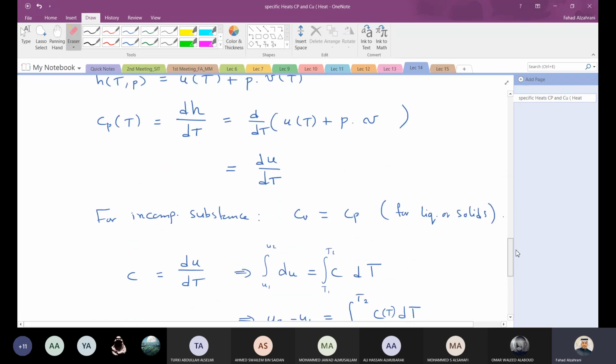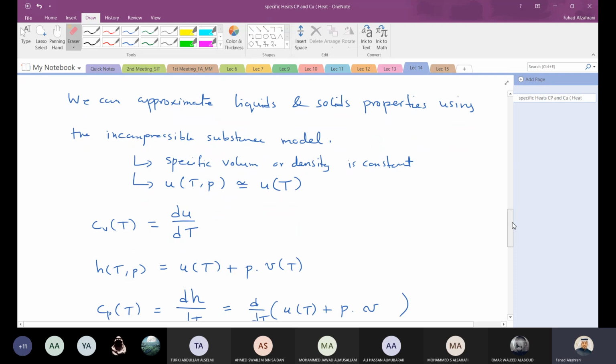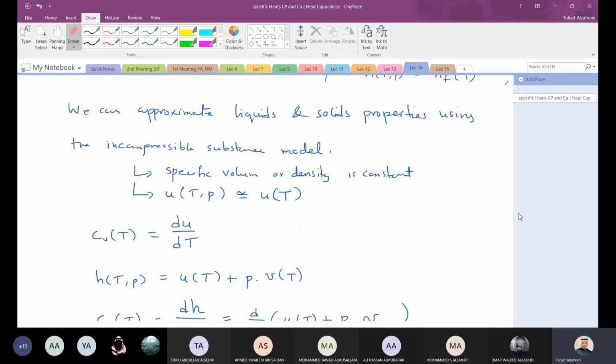And then we also talked about the incompressible model. We said for liquids and solids, we can approximate the substance to be incompressible if the density or the specific volume is constant. And we know that the density is the reciprocal of the specific volume, or vice versa. So the properties in this case for the incompressible model are a function of temperature only.